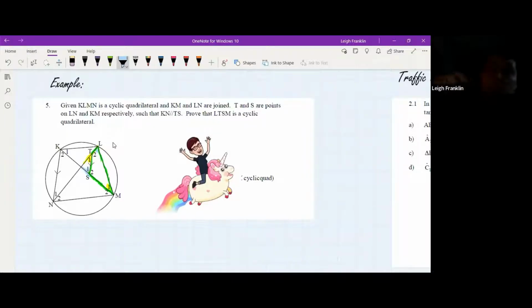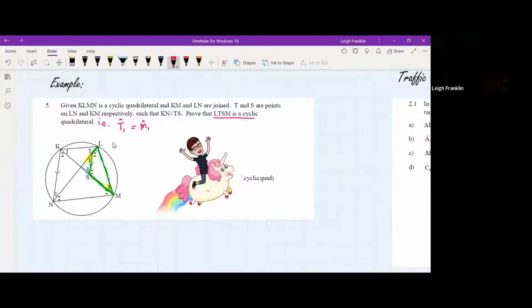Once we've identified what it means and how we're going to do it, now we have to look at the angles involved. We know that proving LTSM is cyclic means proving that T1 equals M1. That's what it means. In other words, proving that LTSM is a cyclic quad means proving that T1 equals M1.